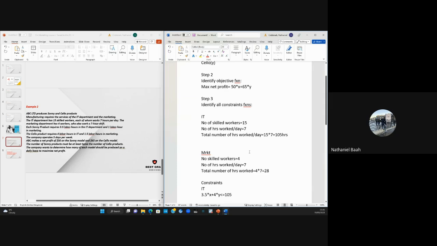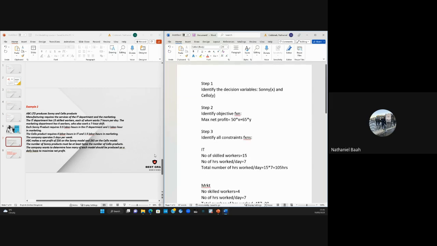Let's learn how to use Excel to find the optimization value. Then we will solve it manually to see if our answers match. Right. Good. So let's use Excel. I'll bring my Excel up, just a second.